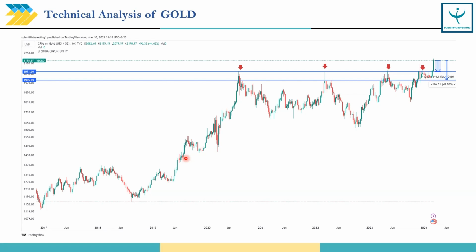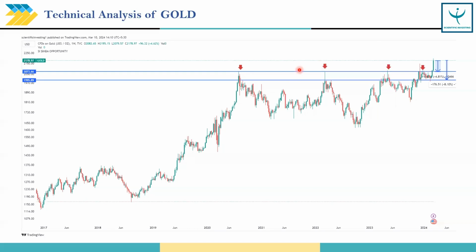Now, why are we even debating and discussing why it might play out? So, what has happened in gold? In 2020, this was the first time gold tried to cross this level of 2073, but it failed. And in the last 4 years, gold has made multiple attempts to cross this level. It couldn't cross.